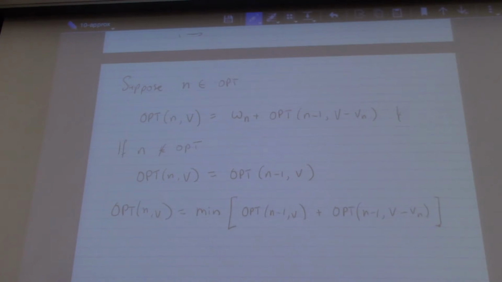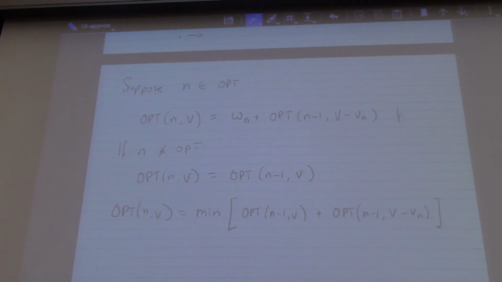You should convince yourself that this can be solved by building up the table. As always with dynamic programming, you decide recursively, but you solve bottom up. So you just go from the beginning, you work your way up to the top.